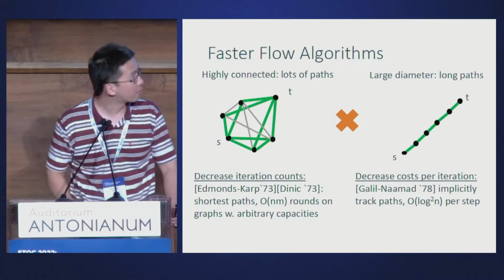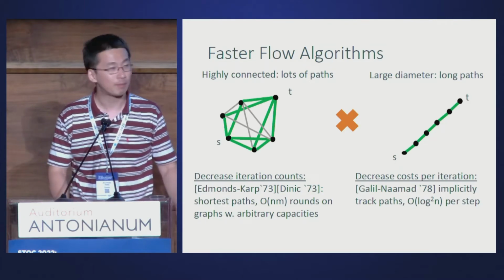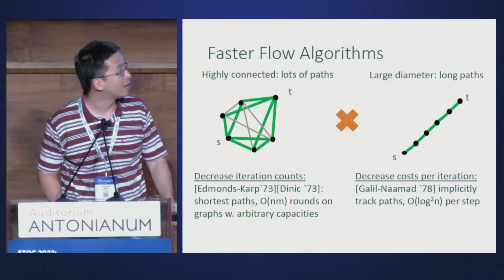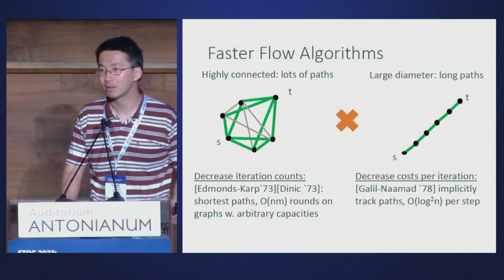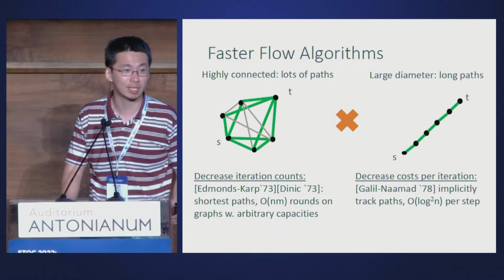There's another interesting line of work, from Galil and Naamad, and what they showed is that paths are basically binary search trees. We are very good at maintaining lists using dynamic search trees, so maybe we can just compress the path.